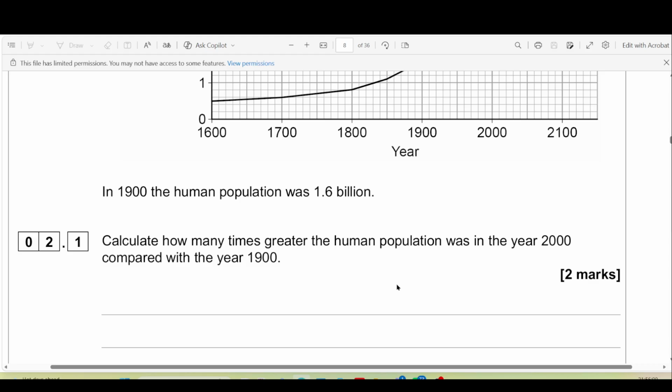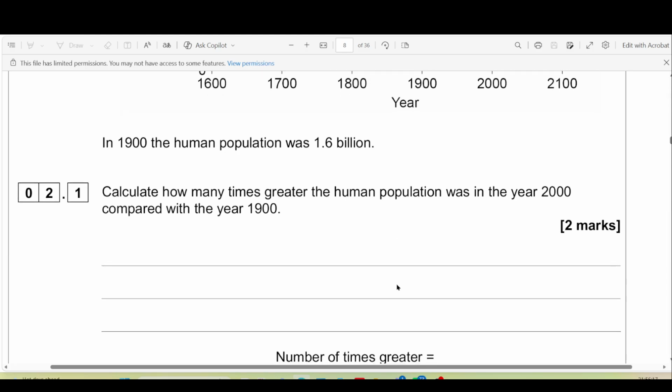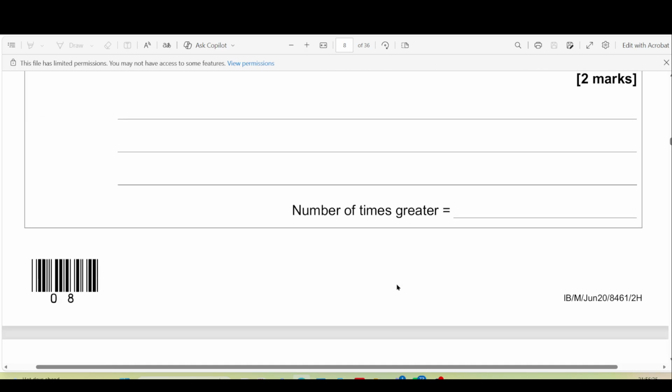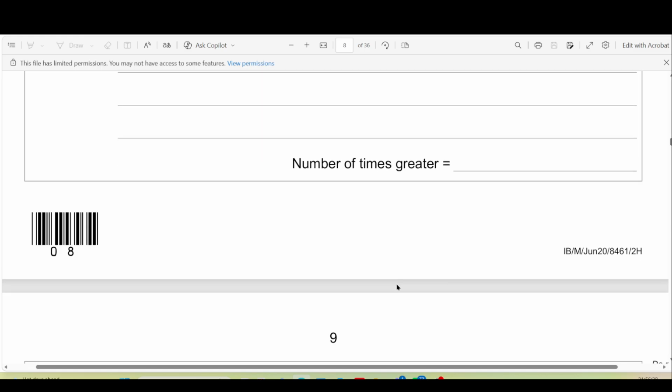Yes, it's 3.75 times more. Yes, 3.75 times more.